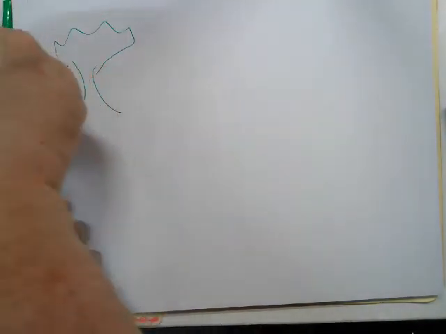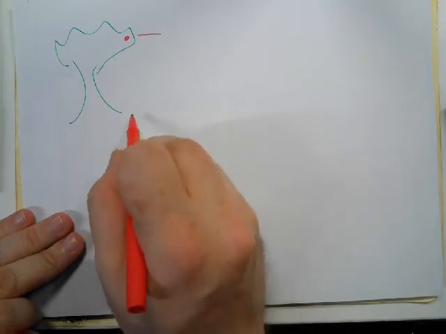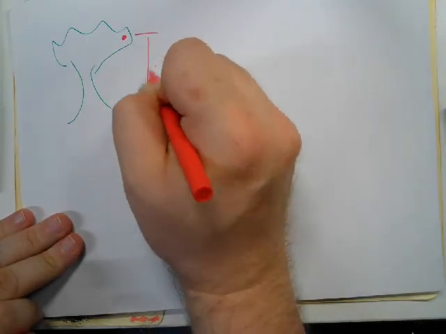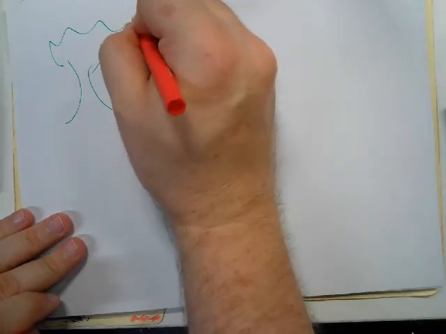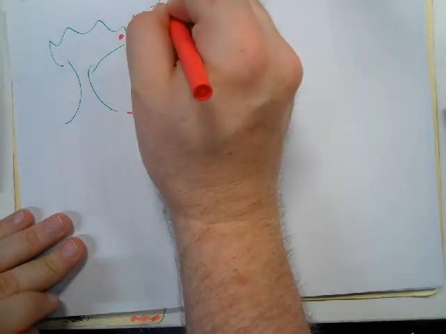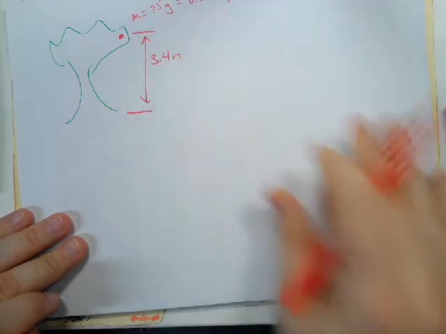Now, I do want to go back because I said I would do this problem of an apple falling out of a tree. So, tree, apple falls. This distance is 3.4 meters, and the mass is 75 grams, 0.075 kilograms.